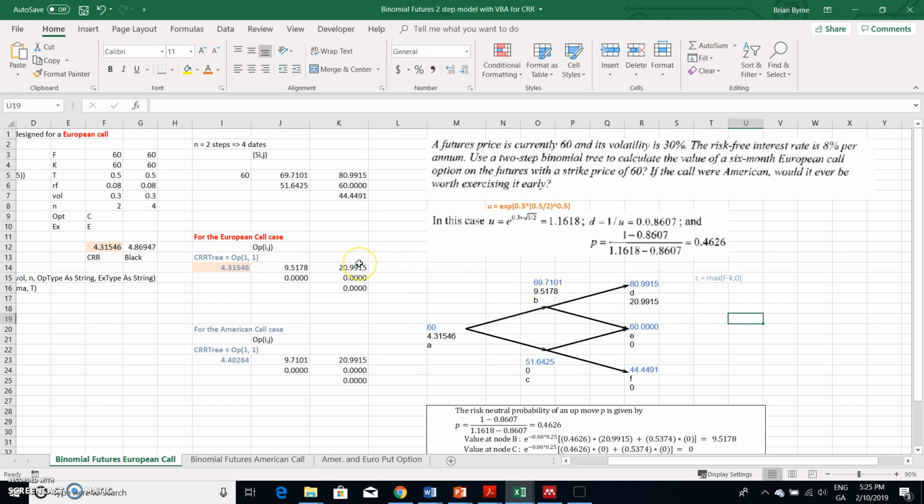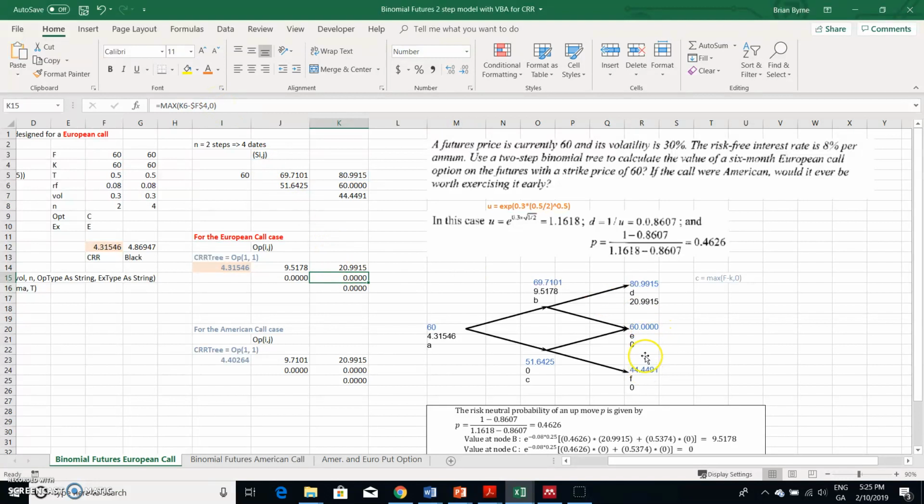Okay, so I've done the same here. It's the maximum of F minus the exercise of 60, or 0, and that's equal to 20.99.